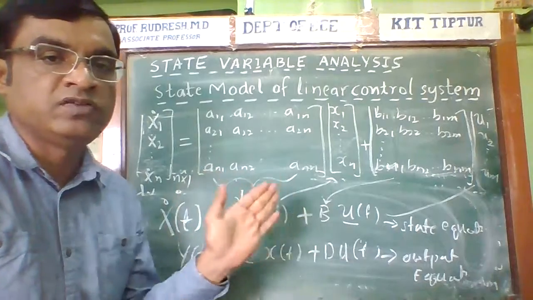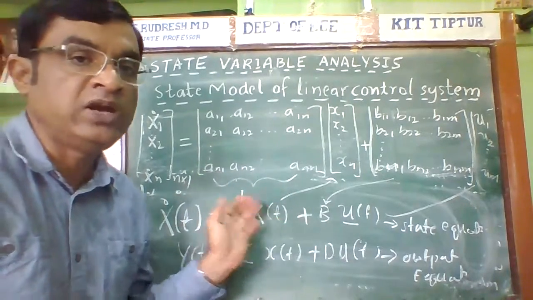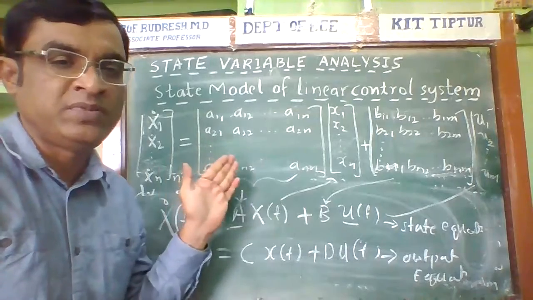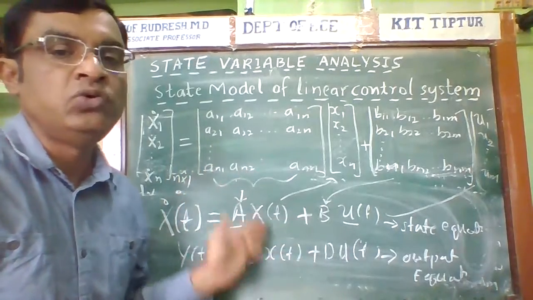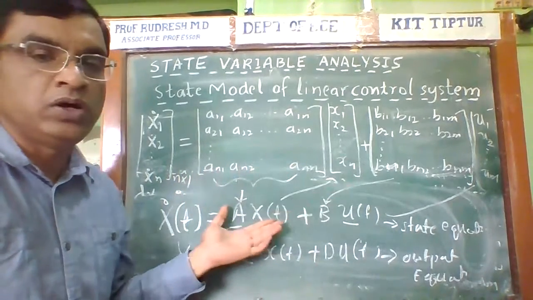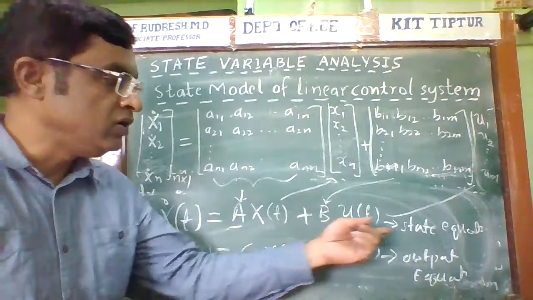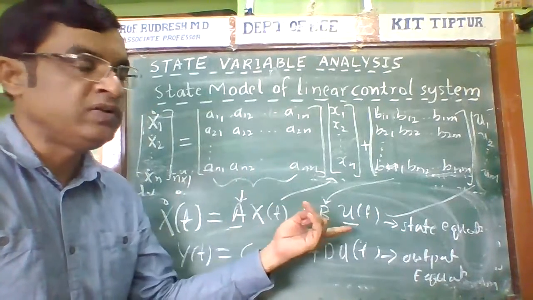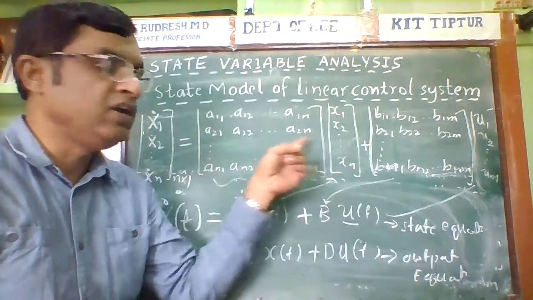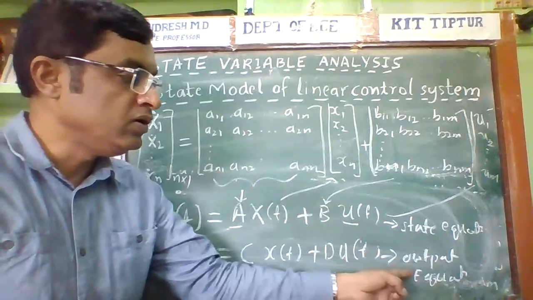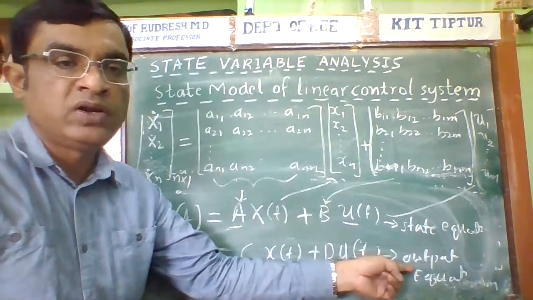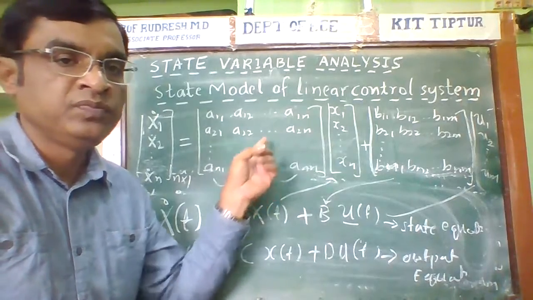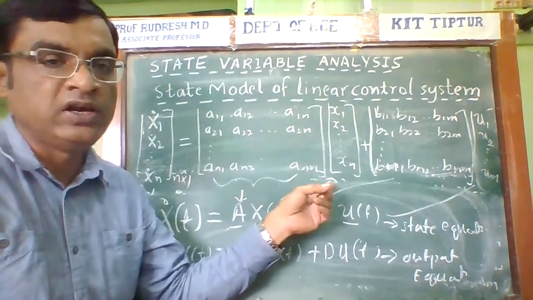In the next session onwards, I'm going to derive the state model for any system. If the system is represented in the form of a differential equation, how to develop the state model. The state model means we need to write the state equation and output equation. If a differential equation is given, then generate the state equation matrix. And if an electrical network is given, then generate the state model for the electrical network.